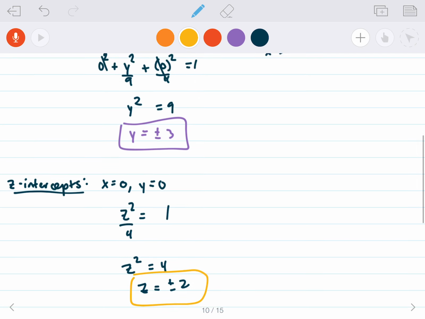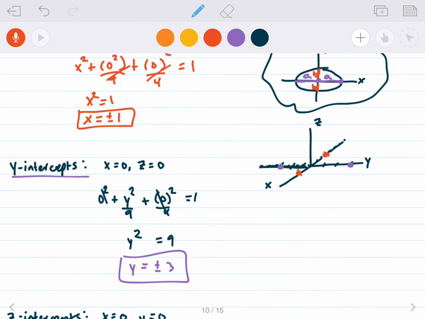So those are my z-intercepts. So I have, let's see, 1, 2 could be right here. And then if I go down, 1, 2 would be right here. Alright, so those are all of my intercepts.